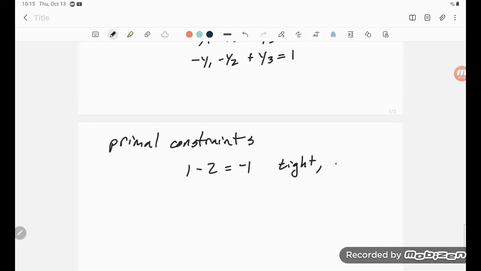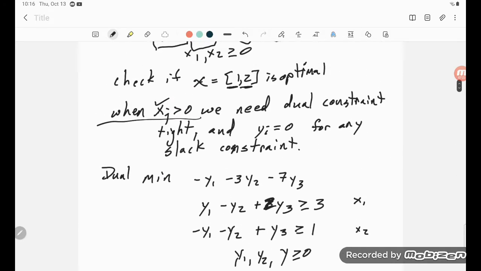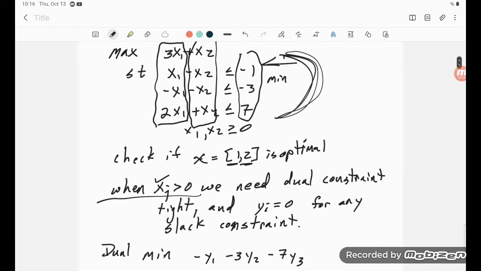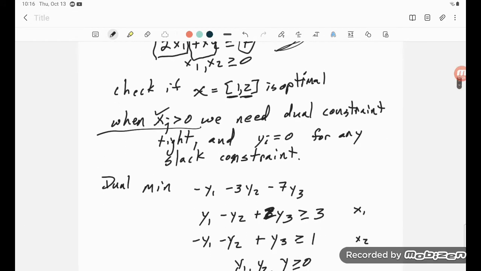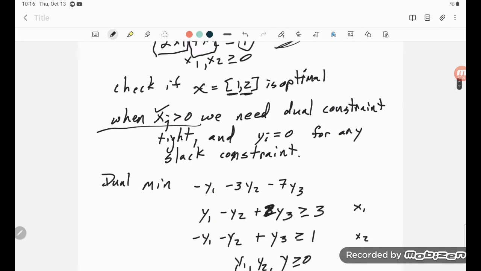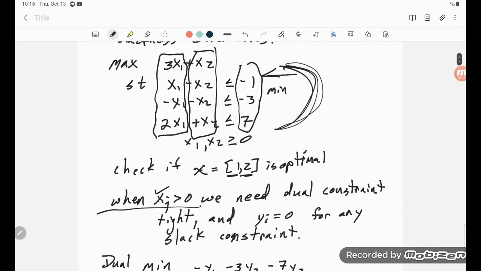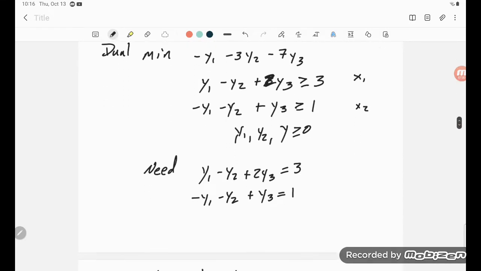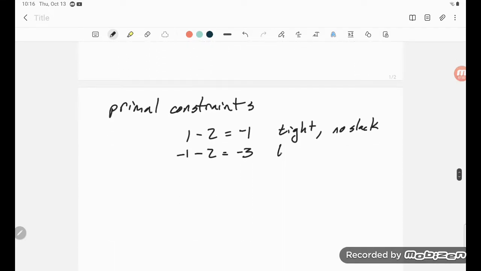No slack. Then next constraint, minus x1 minus x2, so that's negative 1 minus 2, which equals negative 3. That was the right-hand side here, so that again is tight. No slack.